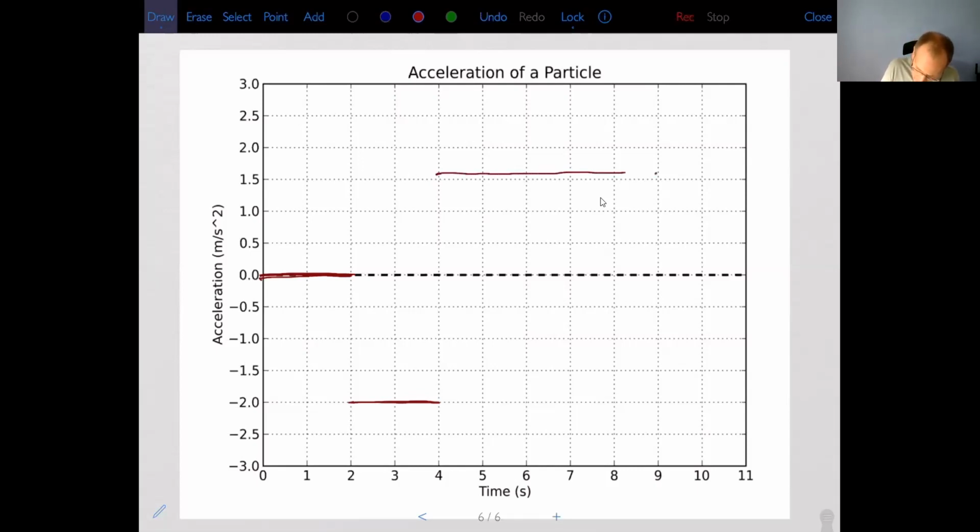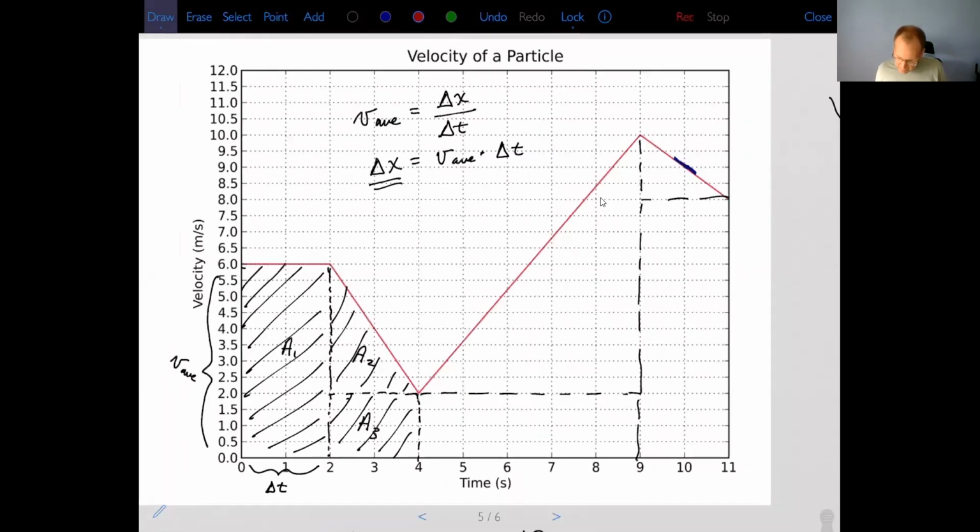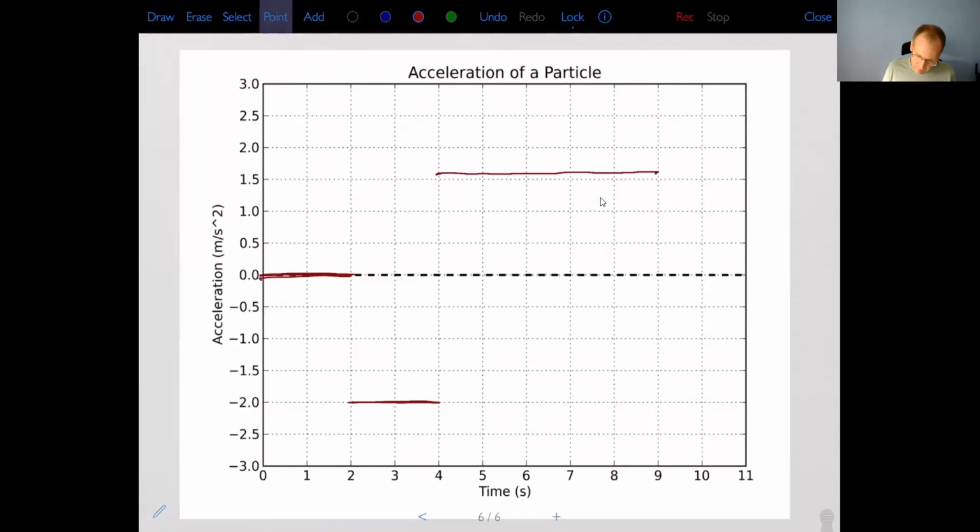So something like that. And then finally, what's my acceleration from 9 to 11? Well, my rise is going from 10 to 8, so -2 over my run of +2, so that's a -1. So that would be the corresponding acceleration versus time graph.